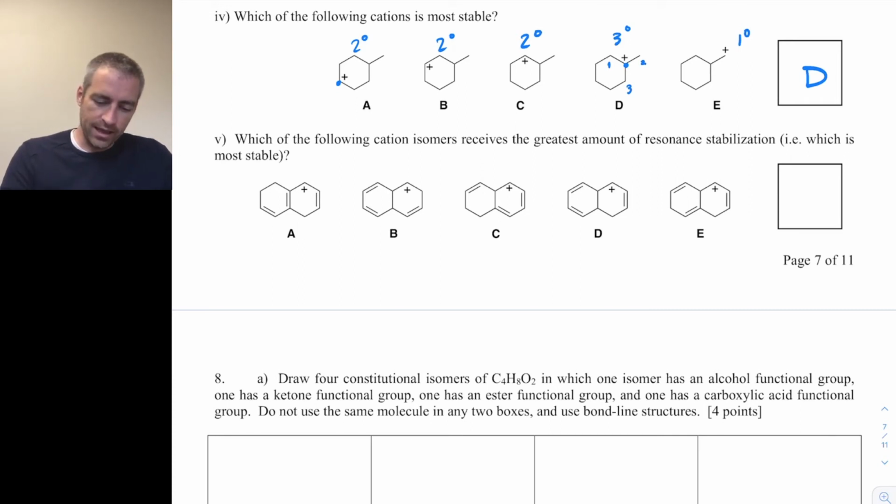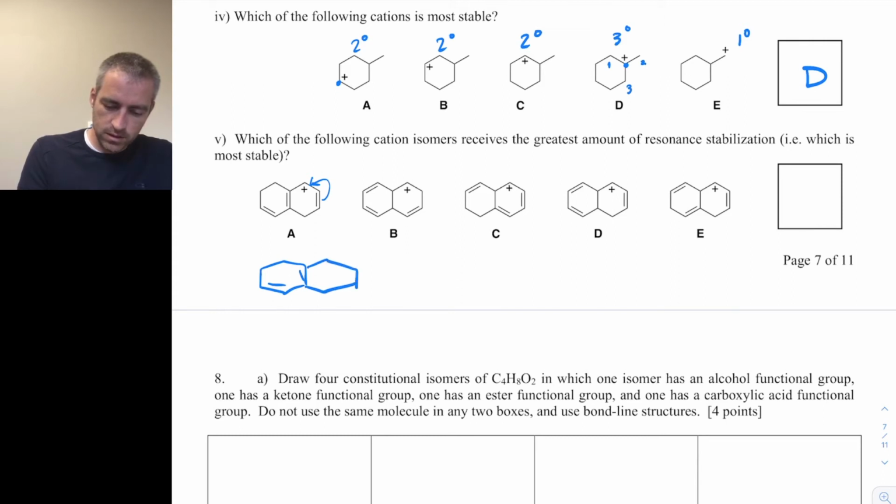So if you look at A, what you can do with A is you can move a pair of electrons over and make a resonance form that looks like this. Positive charge there.